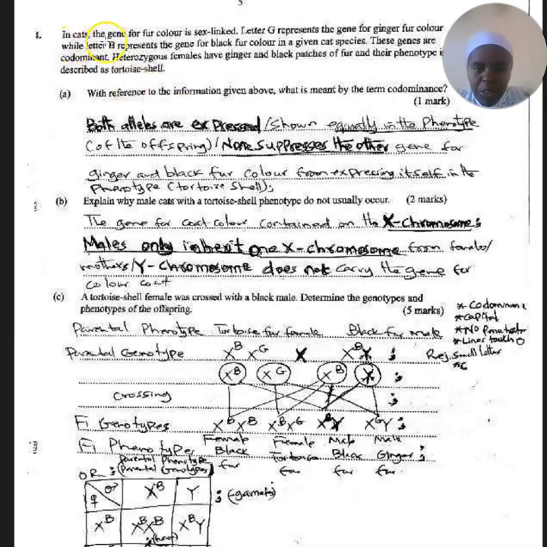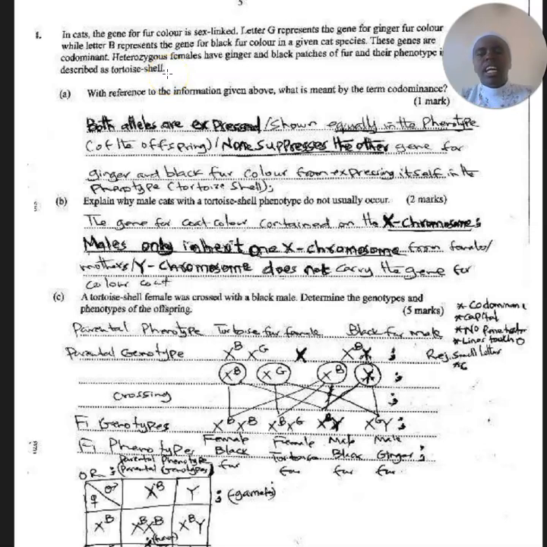Now, let's first of all understand this, that in cats, the gene for fur color is sex-linked. That means it is inherited together with the sex chromosome. Letter G represents the gene for ginger fur color, and letter B represents the gene for black fur color. These genes are codominant.